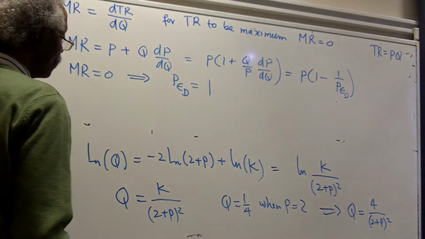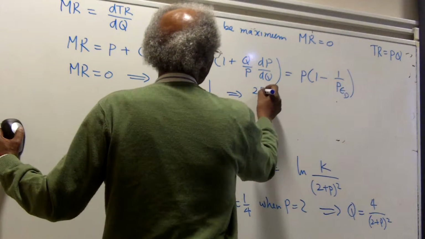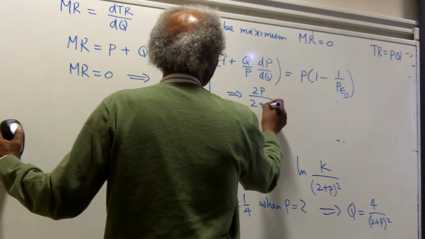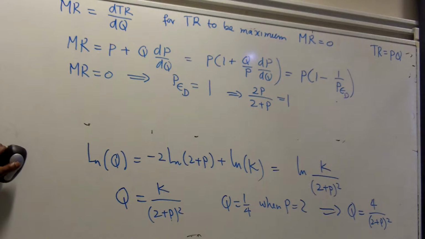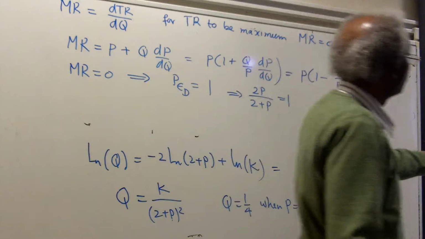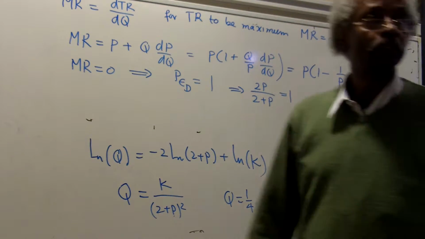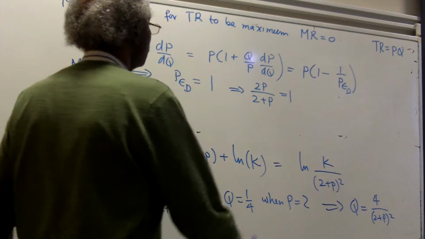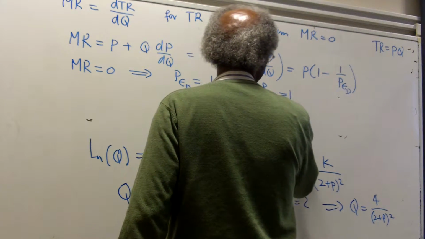Now what is elasticity? This is 2P over 2 plus P equals 1. That is elasticity as given. So that means the price, if you solve this, you get P equals 2.